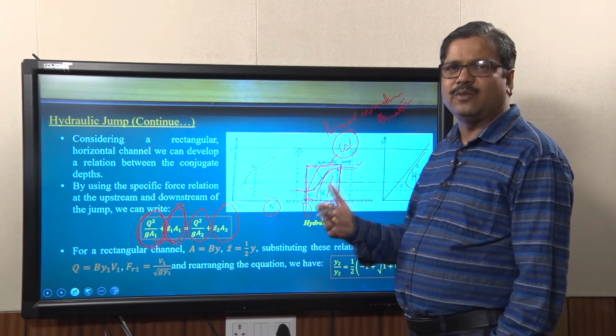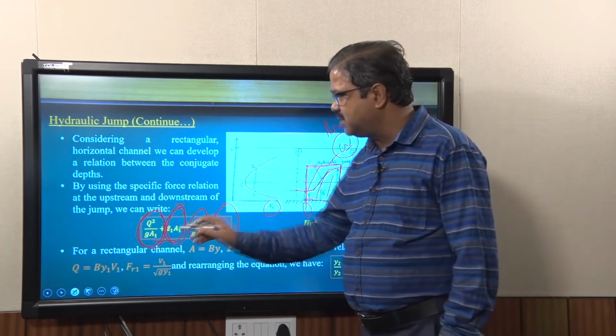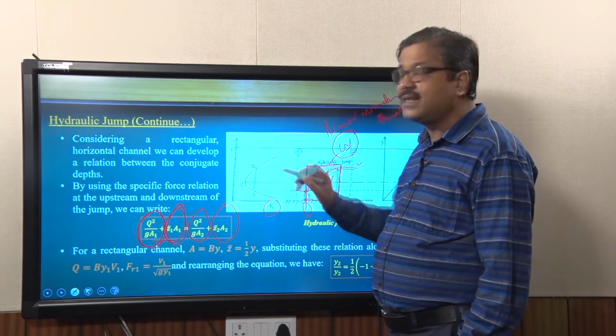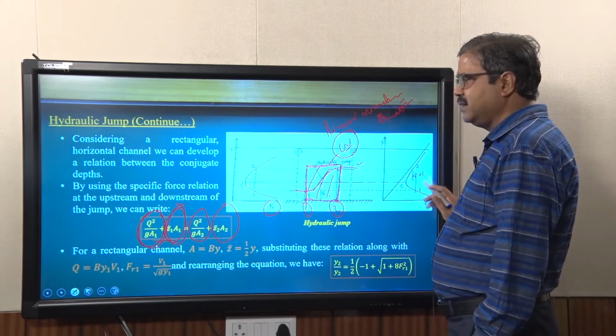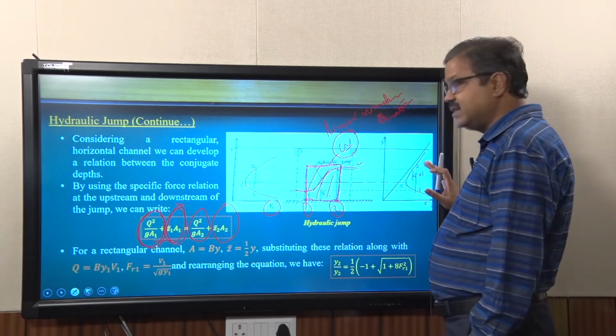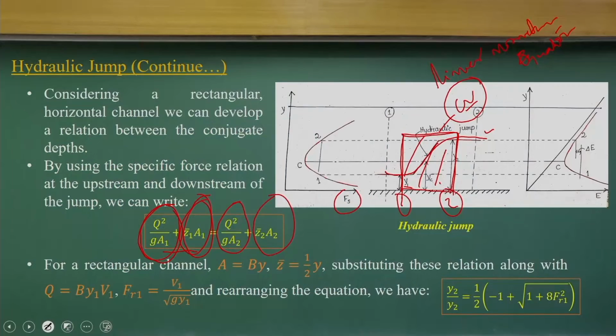There is energy loss in the hydraulic jump, so in the specific energy diagram, 1 and 2 will be at different locations, but in the specific force diagram, the specific force at 1 is equal to that at 2.